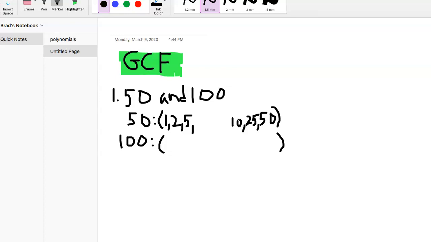Okay, so let's jump to 100, and then we'll go over how to find the prime factors for these. For 100, same process, right? 1 and 100 to start off with.